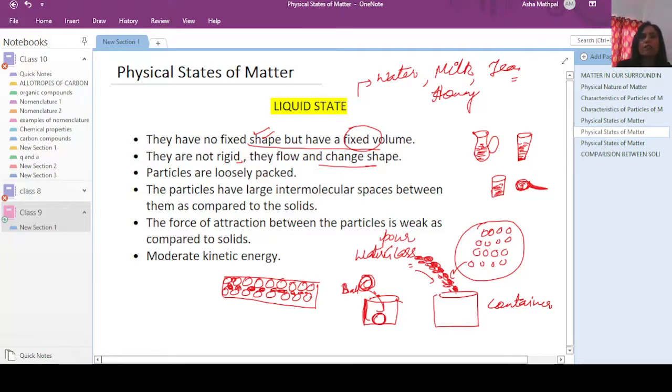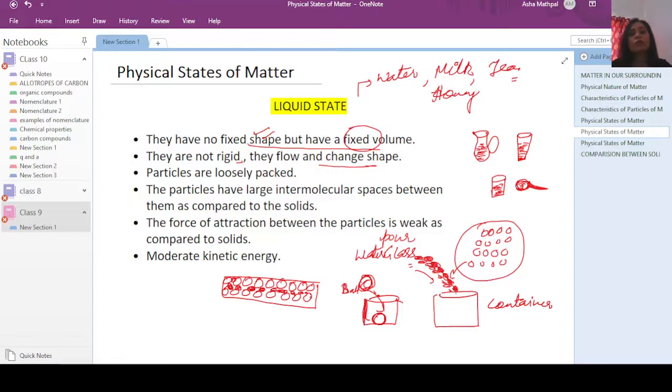They have got intermolecular force. Of course, every type of matter will have intermolecular force of attraction among its particle, but the level will keep on differing. In the case of solid, it was so high that it tightly packed the particles together. But in the liquid state, we are seeing that more space is there between the particles. If the space is more as compared to the solid, so the force of attraction will be less as compared to the solid.